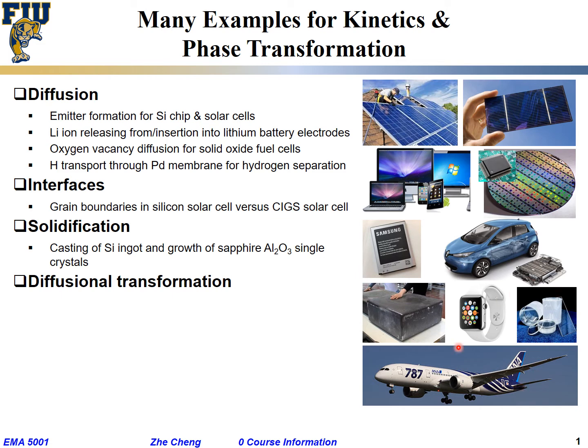But by doing a so-called phase transformation control, we can make pretty much all aluminum, with some impurity, much stronger, much harder for airplane applications. That is related to phase transformation, diffusional transformation. There's also diffusion-less phase transformation.